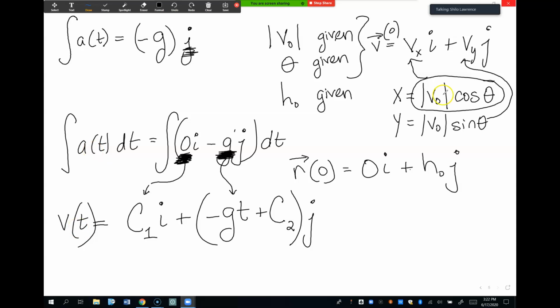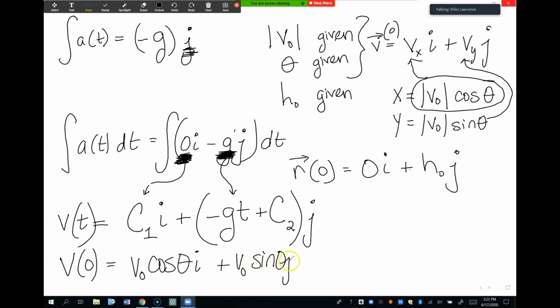We also know from the information given at the beginning that initial velocity is v sub 0 cosine theta i plus v sub 0 sine theta j. So we can use this information to solve for the constants.